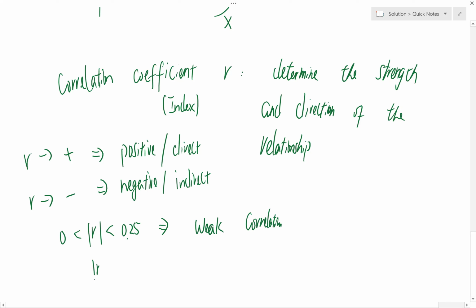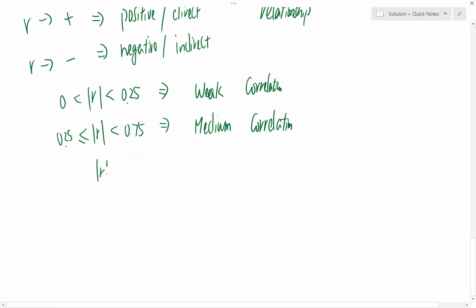If the absolute value of R is greater than or equal to 0.25 but less than 0.75, we call this medium correlation. And if the absolute value of R is greater than or equal to 0.75 and less than 1, this is strong.